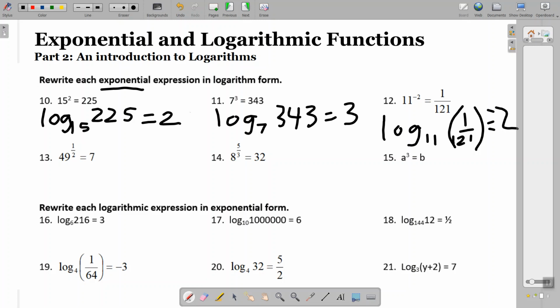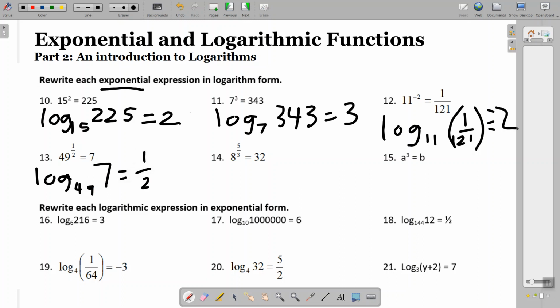Okay, all right, here's more facts. 49 to the 1/2 equals 7. We remember that a 1/2 power is the same thing as a square root, so this is a fact. 49 to the 1/2 means the square root of 49, and that does equal 7. So in logarithm form, that would be log base 49 of 7 equals that power of 1/2.